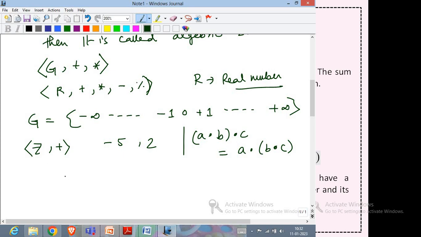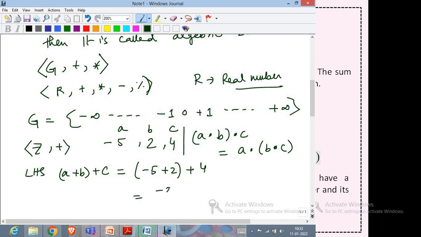So what we are going to represent is A plus B plus C. Let's see in the LHS if I take the elements: minus 5 plus 2 plus maybe we'll take another element as 4. So A is this one, B is this and C is this. Can you just solve it quickly? What will be the answer? So this is minus 3 plus 4, which is 1.